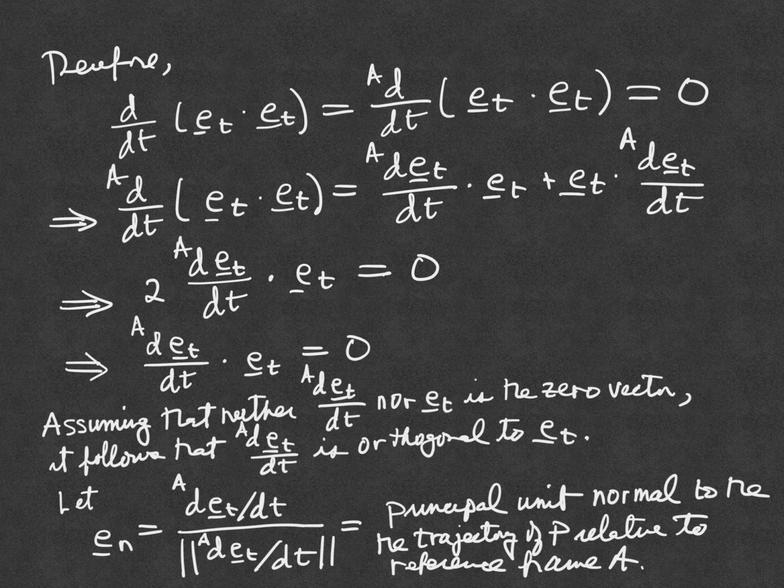So now this information can be put on a diagram to show the directions of these different vectors, where they lie, and to help visualize what's actually going on.